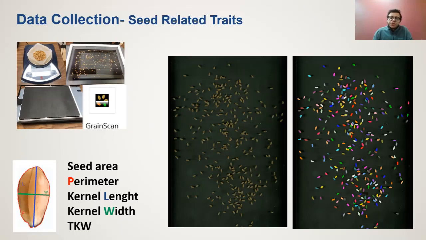The software gives us seed area, seed perimeter, kernel length, kernel width, and 1,000 kernel weight. The software counts seed number in the picture, and we use this number to divide the seed weight, and then we can get the single kernel weight. We can use it to calculate 1,000 kernel weight.